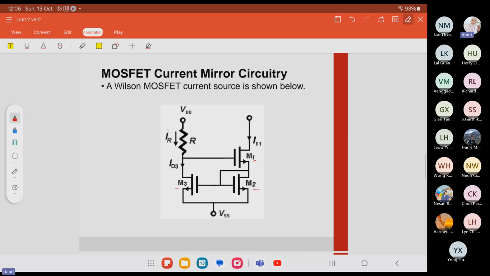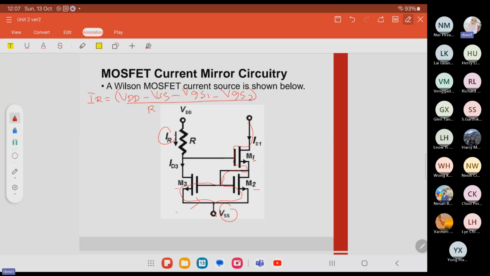So for the IR, we can write IR equals VDD minus VSS, we have a value, minus VGS1 minus VGS2, the whole thing over R. Or it can also go this way actually.